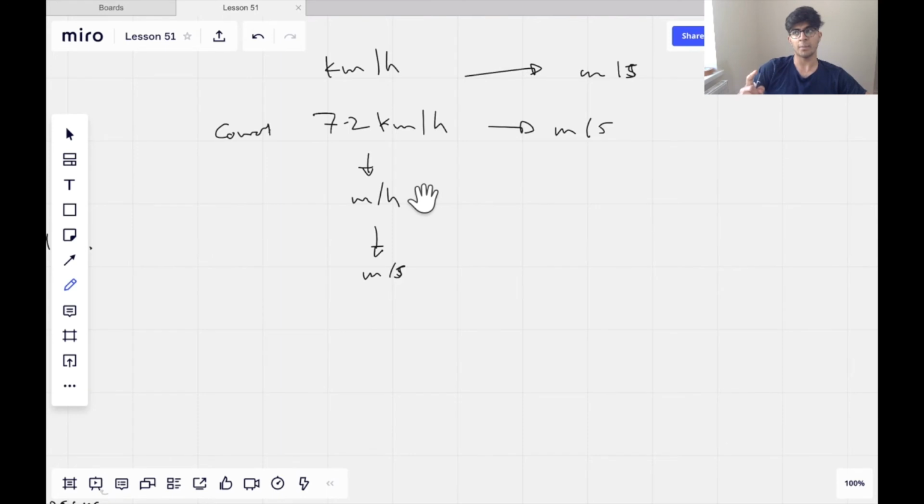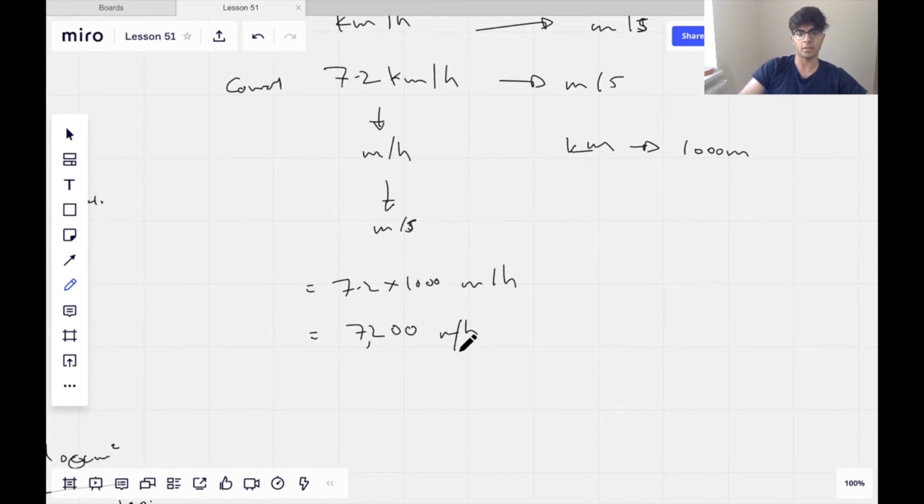So how many meters is a kilometer? 1 km is the same thing as 1,000 meters. So if we're running 7.2 kilometers in that hour, we can say 7.2 times 1,000 meters per hour. So that's 7,200 meters per hour.